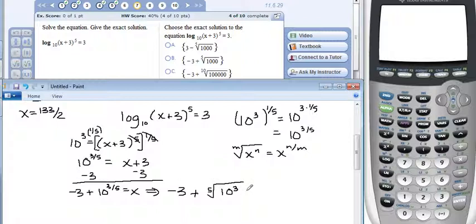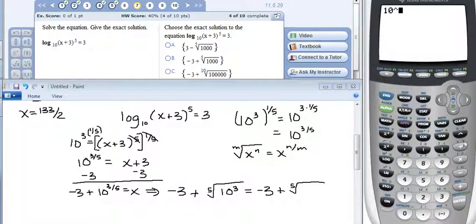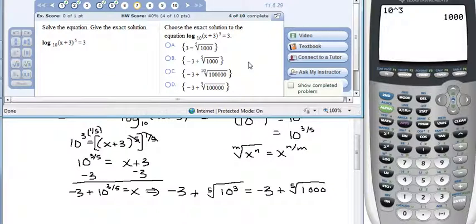And 10 cubed, if you have to, you can use your calculator, it's 1,000. So it's negative 3 plus the 5th root of 1,000. Negative 3 plus the 5th root of 1,000 is option number B, right?